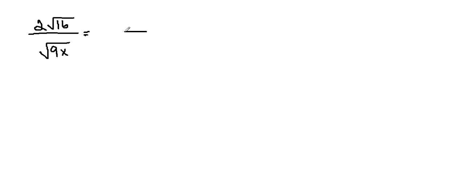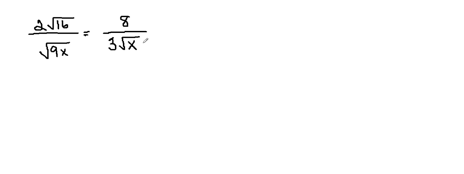So let's see, I already know then the top is going to be 8. Square root of 16 is 4. 4 times 2 is 8. And then I see on the bottom, this is the square root of 9, which is 3. And then what's left over is the x. It's just x to the first power. I don't have 2 of them. So this is my problem thus far.